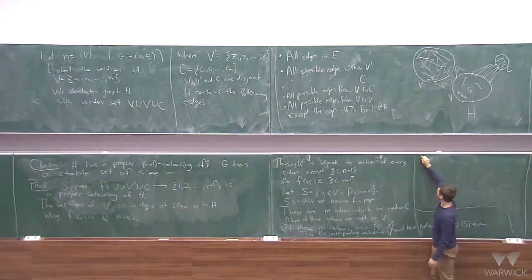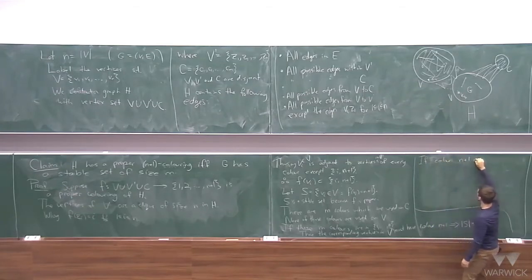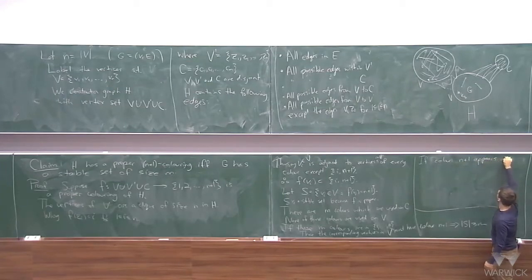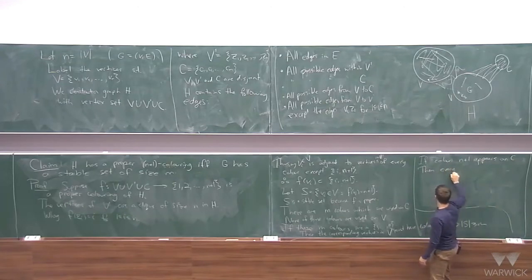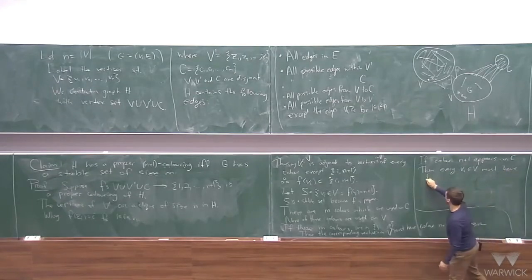Right, so if color n+1 appears on C, meaning there's some vertex in C which is sent to color n+1, well, then every V_i in V must have f of V_i equal to i.